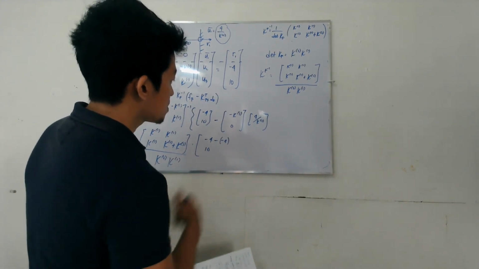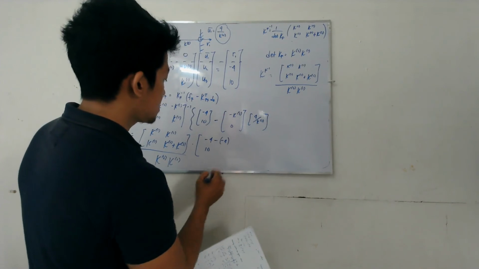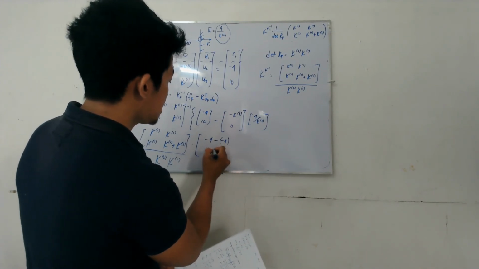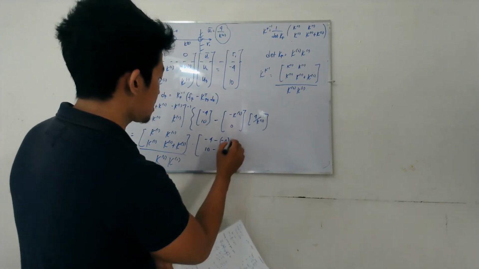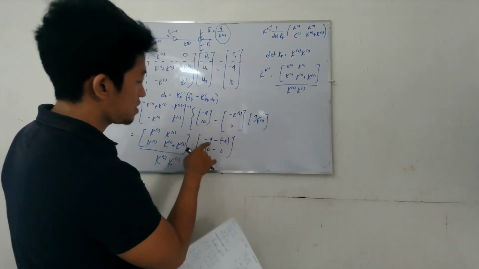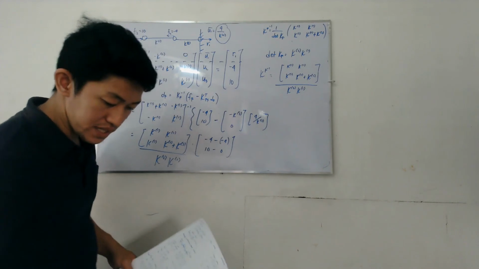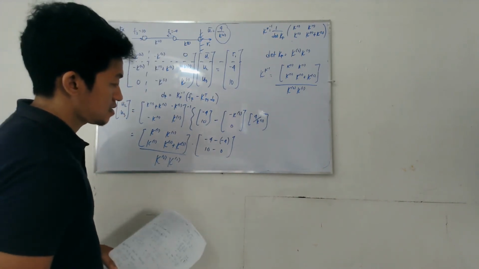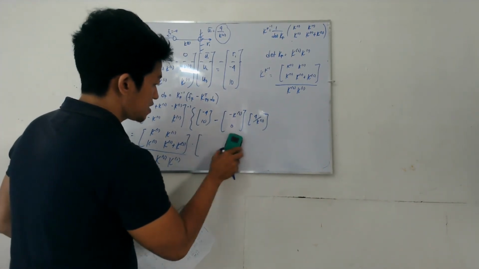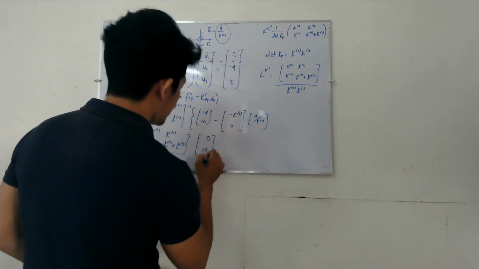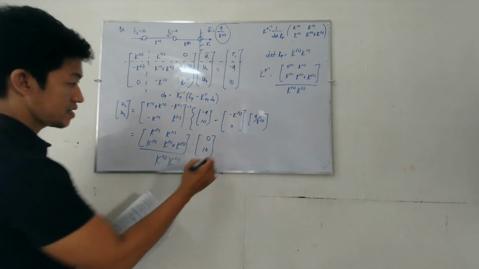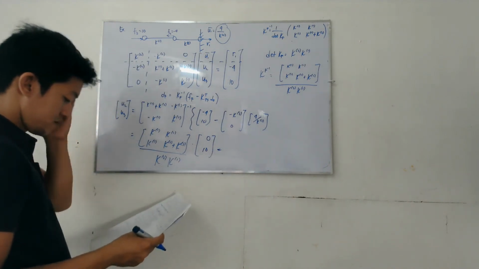Minus cancel man, then 10 minus 0. Okay. 0 over 10. Equal to.